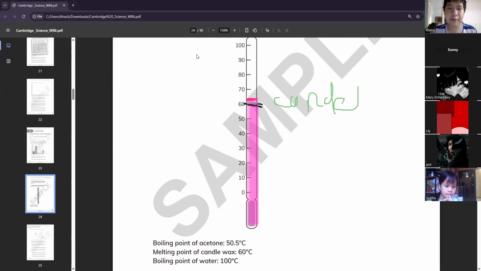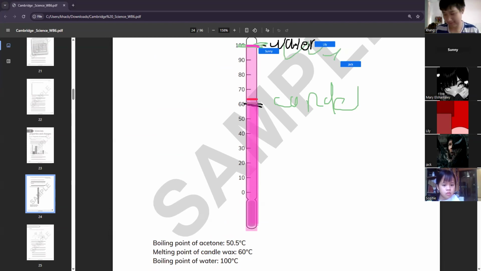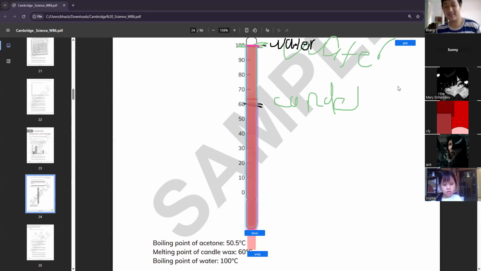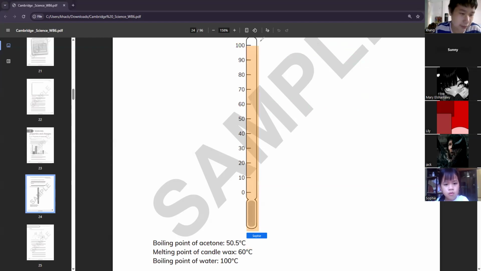Now, can anybody graph me the boiling point of water using the annotation? There is water. Yep, that is water. As you can clearly see, the 100 degrees Celsius is up there, and the boiling point of water is 100 degrees Celsius.